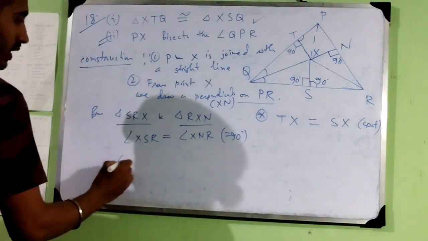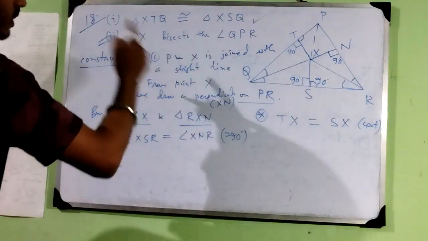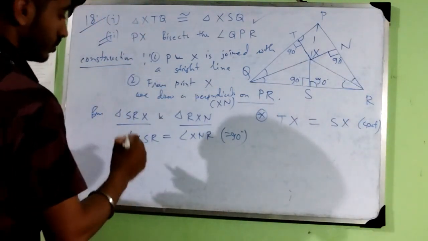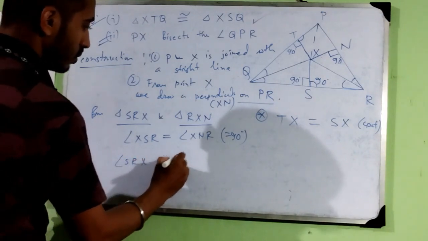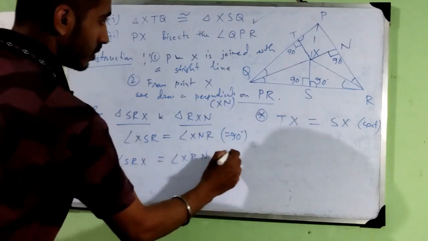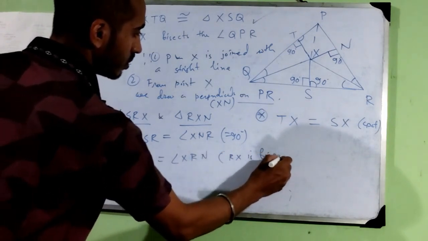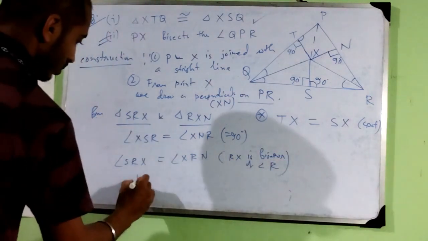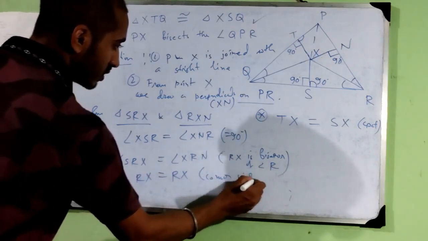And again we can write this angle equal to that, because of the bisector given in the question: RX is the bisector of angle R, that is angle SRX equals angle XRN. And RX is the common side, RX equal to RX.